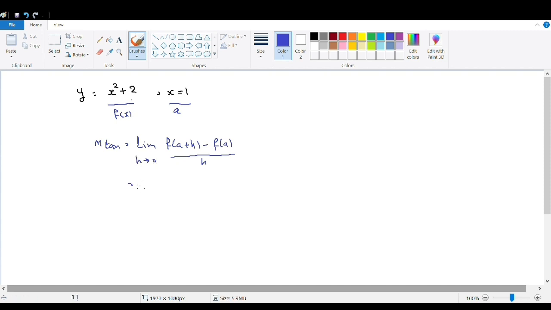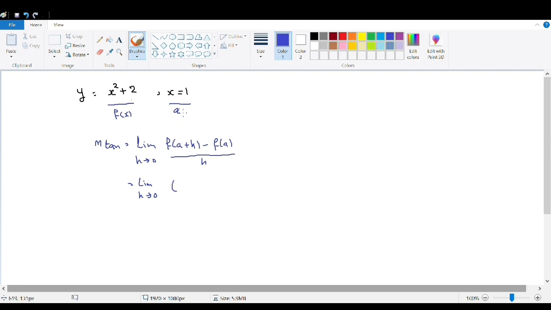So this will give us the limit of f(a+h). That means we need to go to the function f and replace any x by a plus h. We know that x, or a, is equal to 1. So either substitute it from here directly or you leave it at the end.